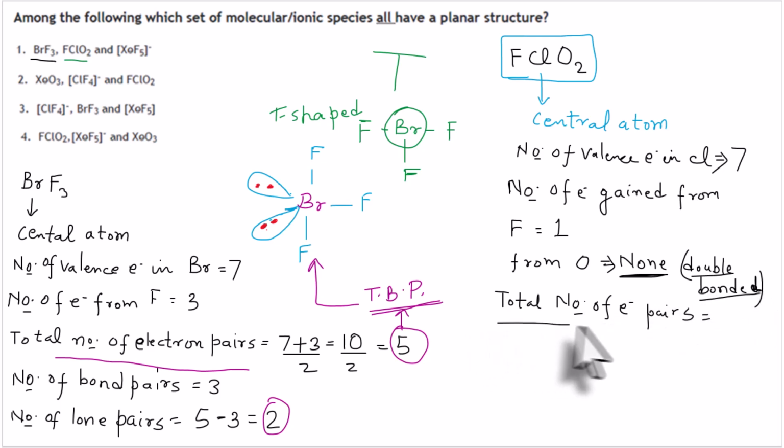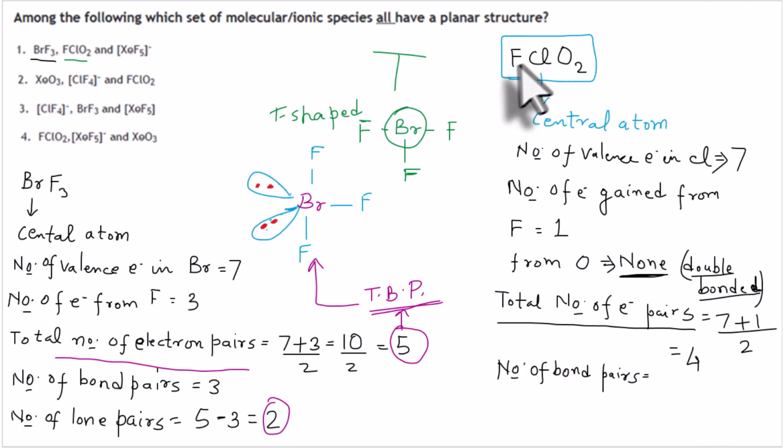And then what is the total number of electron pairs? We add up 7 plus 1 from fluorine divided by 2, that is 8 by 2 equal to 4 total electron pairs. Now what are the number of bonded pairs? We have 1 fluorine and 2 oxygens. In the 2 oxygens, even if it is double bonded, there is 1 sigma bond in those double bonds.